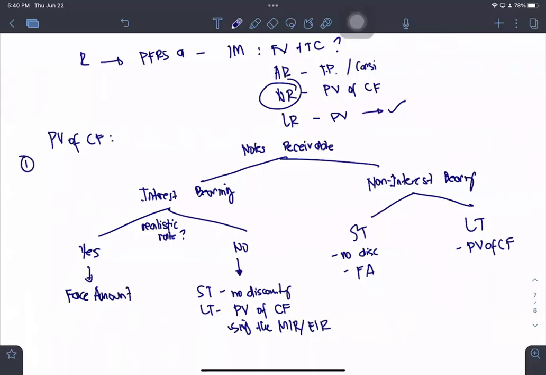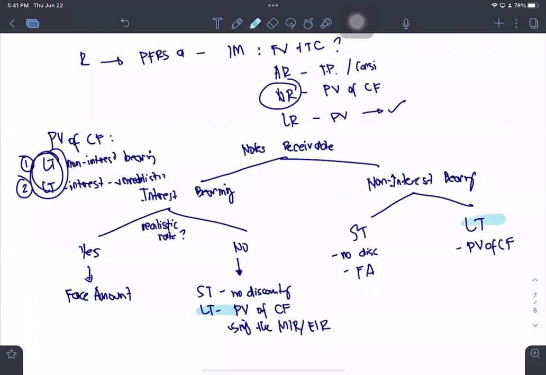What is the instance? Long-term, non-interest bearing. And then, next one, long-term, interest bearing, but unrealistic. So only during long-term notes nagkakaroon ng present value of cash flows.